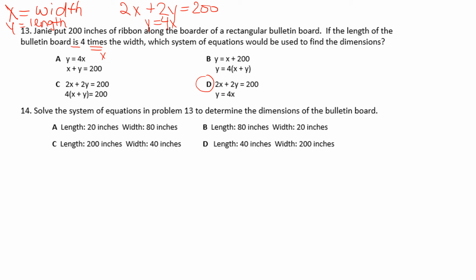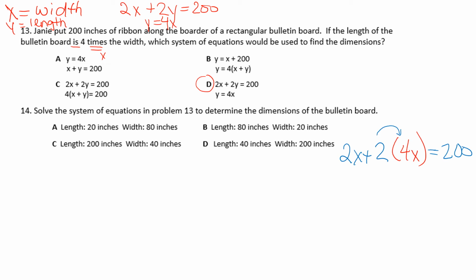So then 14 is where we're actually solving the system. So since we have a y equals, it's an easy system to solve by plugging in and substitution. So we have 2x plus 2, in place of that y, we're going to plug in the 4x, equals 200.